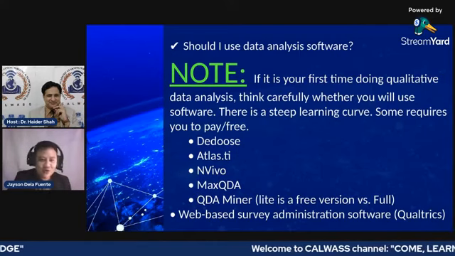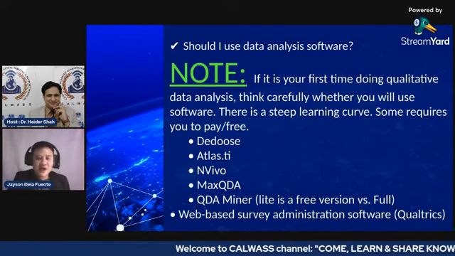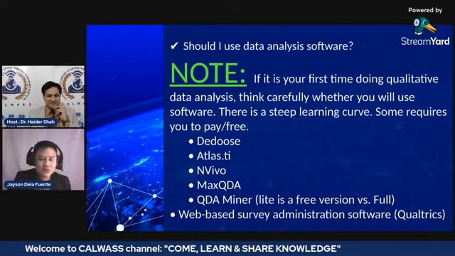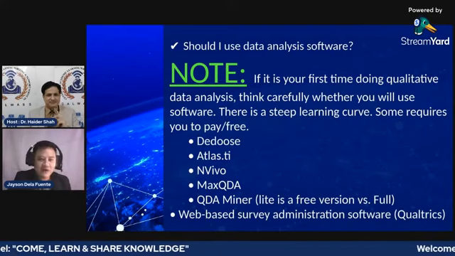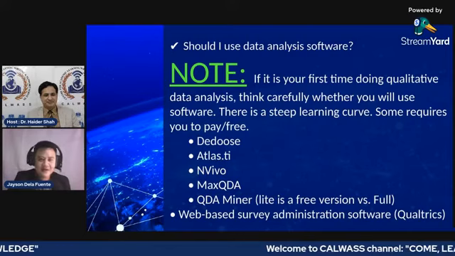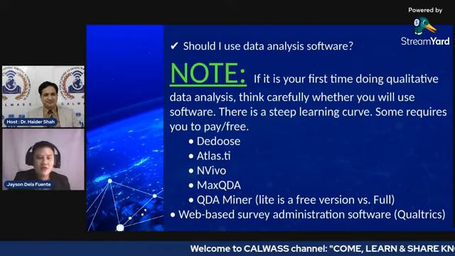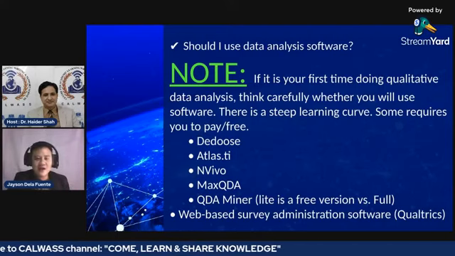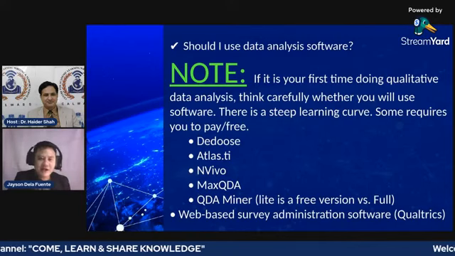You are the one who captures the experiences, and you are the one who will discover your themes. But somehow, we need to explore these software in order for us to have easy and fast qualitative data analysis. Okay?